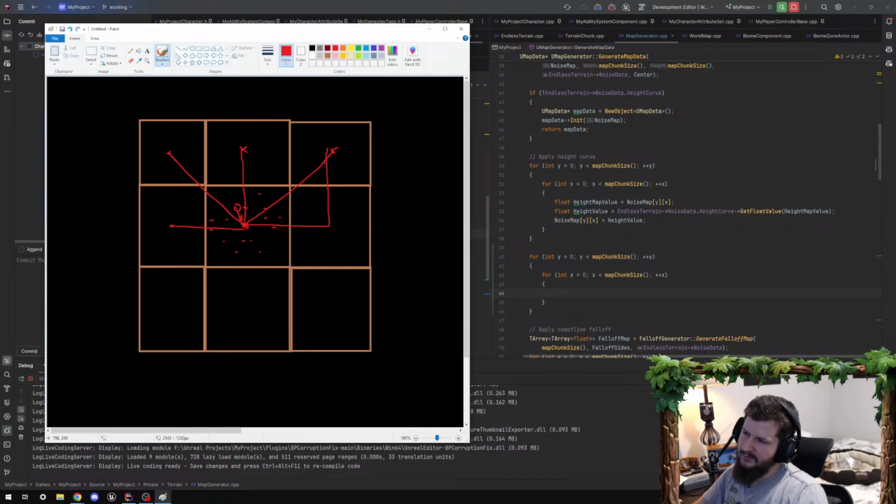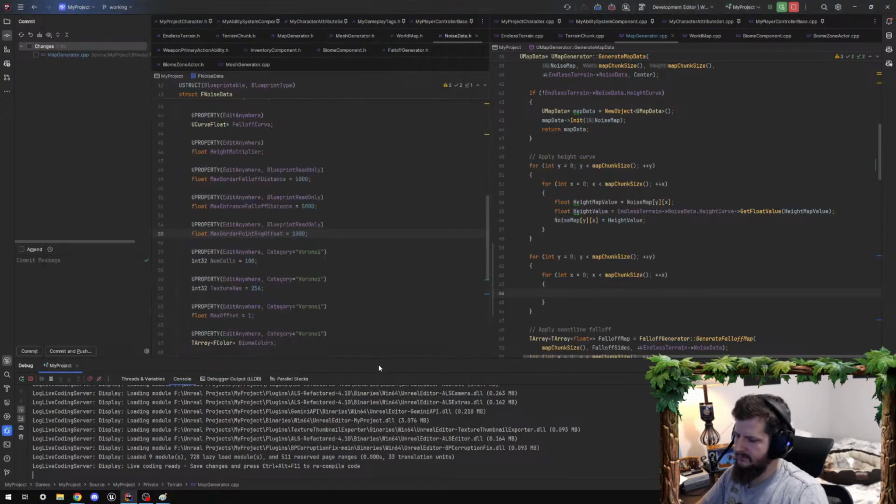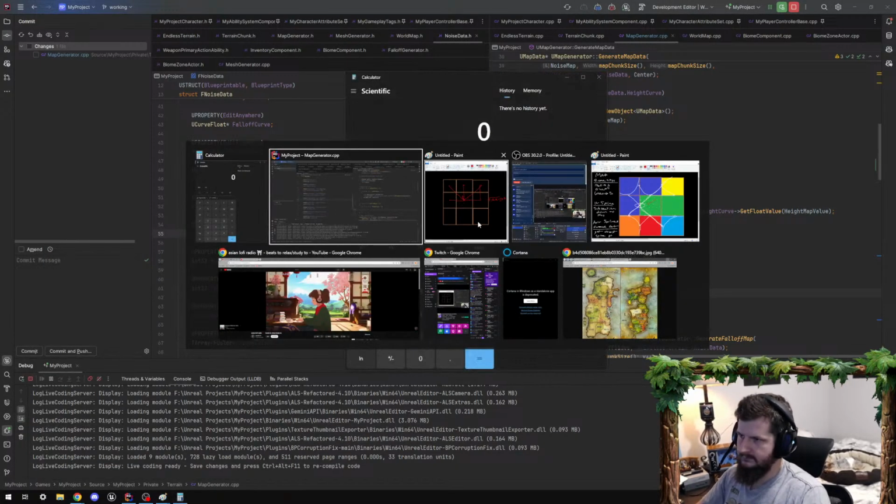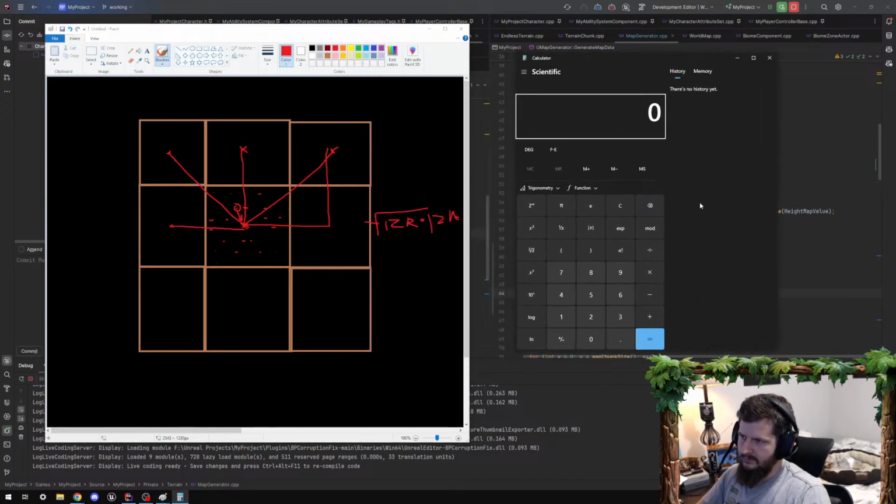A squared plus b squared equals c squared, so it's the square root of 12k times 12k. Oh, it's 12 squared plus 12 squared. Okay, hang on. I can do this. So we're gonna do square root of 12 squared times 12 squared.